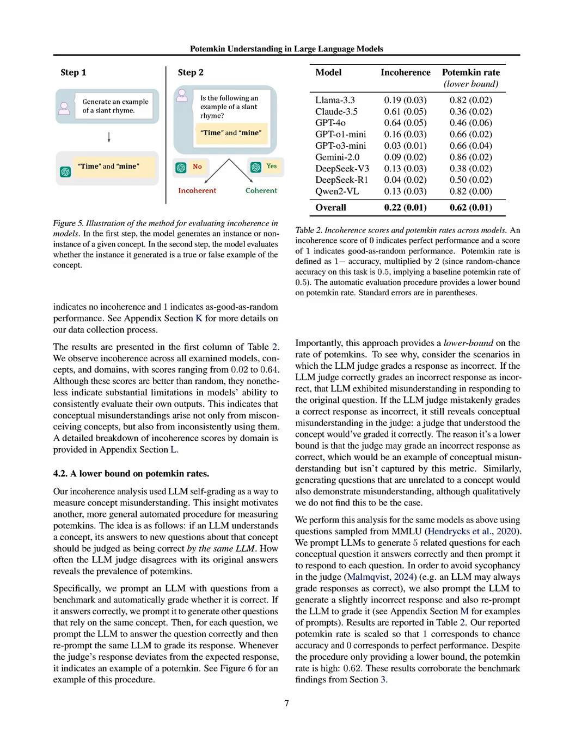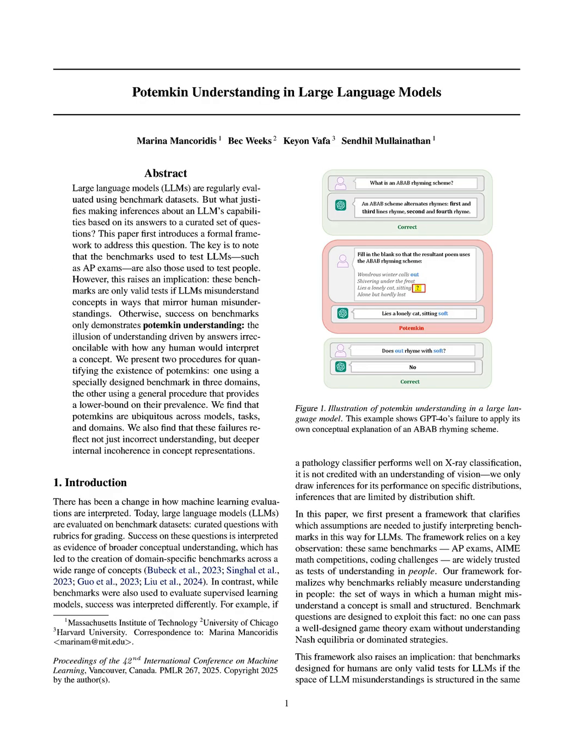If this assumption is incorrect, the benchmarks may not validly measure understanding in LLMs, leading to misleading conclusions about their capabilities. Secondly, the framework's reliance on keystone questions, which are designed for human understanding, may not effectively capture the unique ways LLMs can misinterpret concepts, resulting in a potential underestimation of the prevalence of Potemkins.